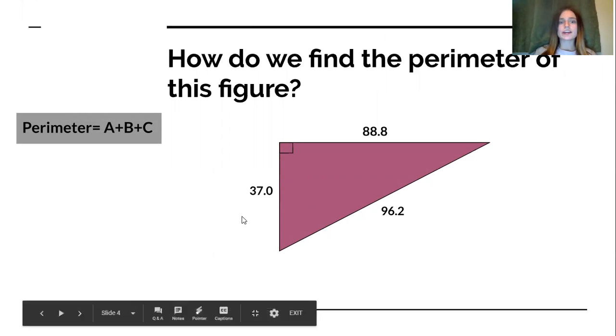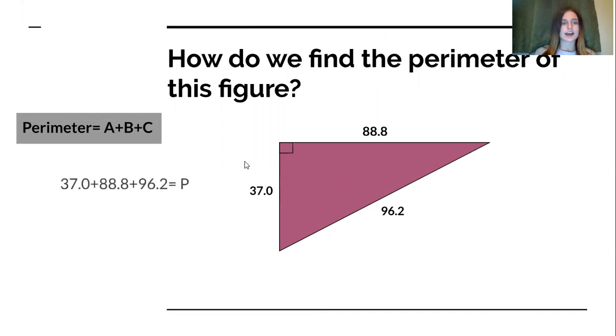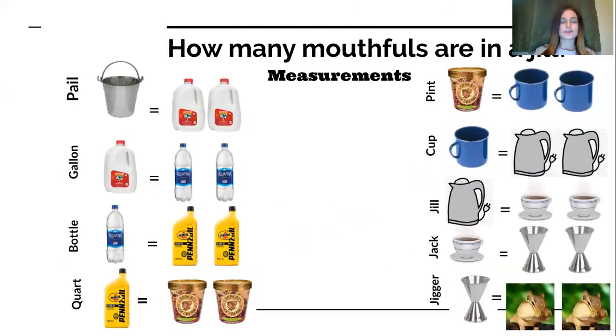So we have a triangle here, and triangles only have 3 sides. So we would add up all 3 of our sides together. 37.0 plus 88.8 plus 96.2, which equals 222. Let's go to question 4.